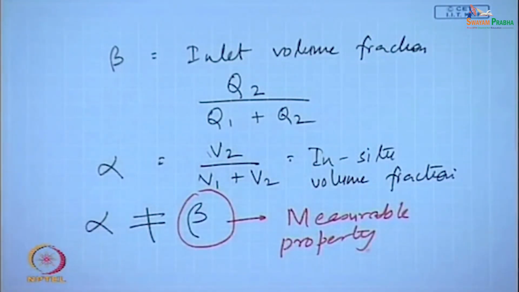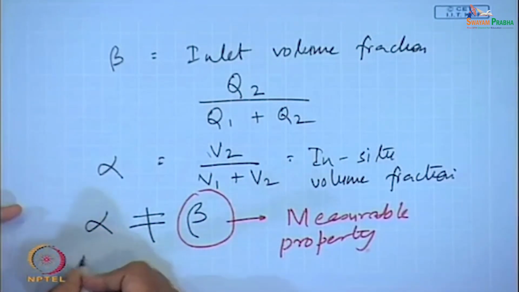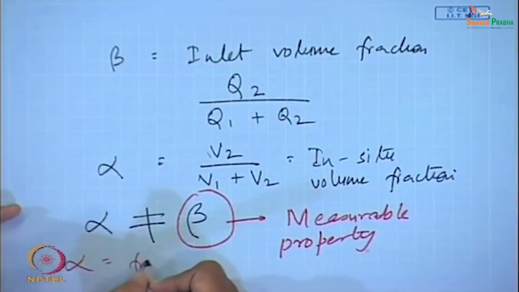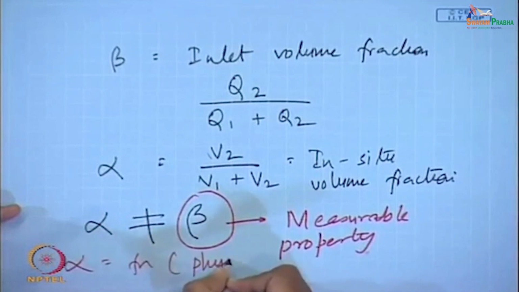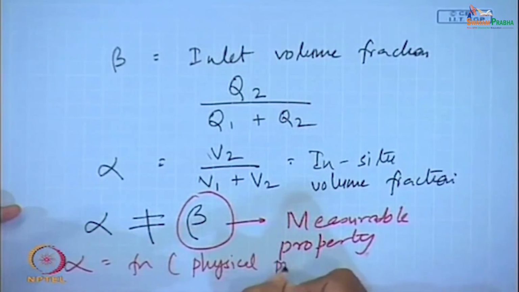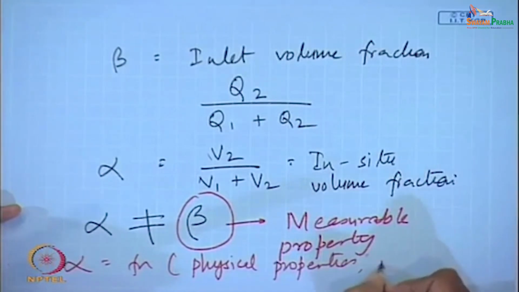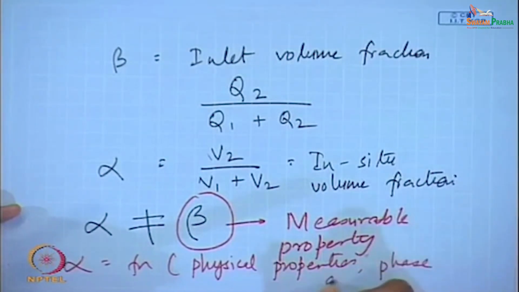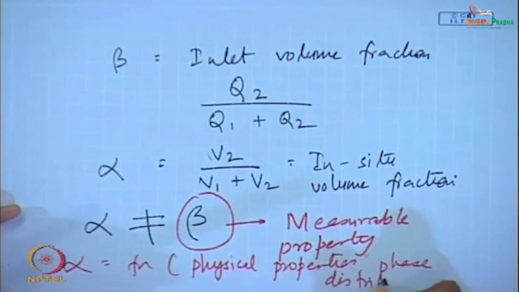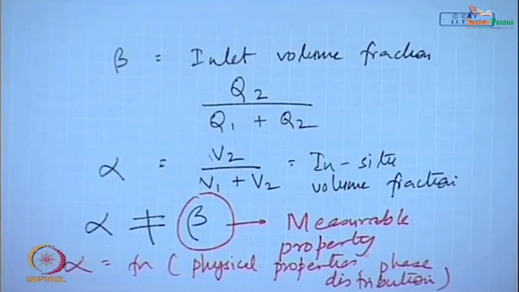So, alpha has to be determined, it cannot be controlled. It is a function of the physical properties of the fluids, their density etc., as well as the phase distribution. This is the thing that you should remember.